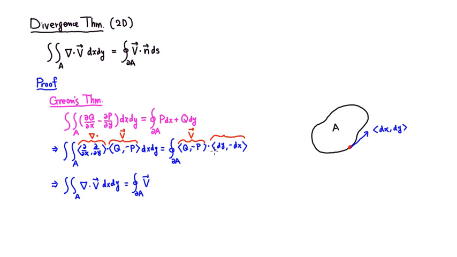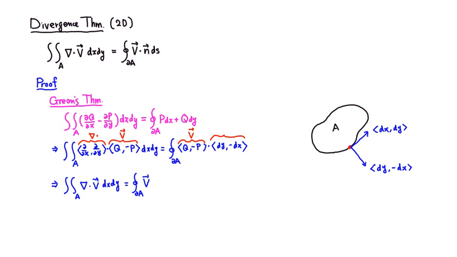But we're interested in dy comma negative dx, and that would be perpendicular to dx comma dy. So this is dy comma negative dx. This vector is always pointing outward and also perpendicular to the boundary of A, so it is always parallel to the outer normal vector.